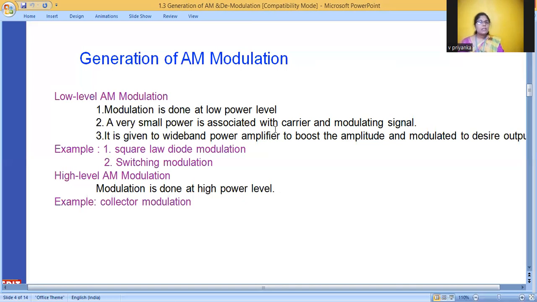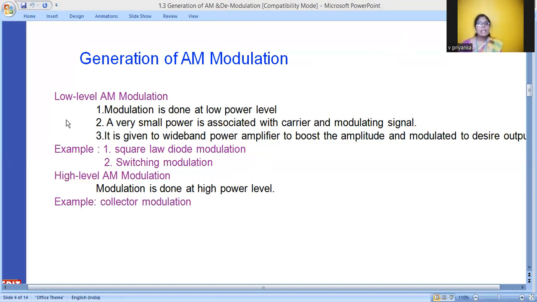It is given to a wideband power amplifier to boost the amplitude and modulate to the desired output. Examples for low level amplitude modulation are square law diode modulation and switching modulation. Similarly, for high level amplitude modulation, the modulation is done at high power levels. An example for high level amplitude modulation is collector modulation.